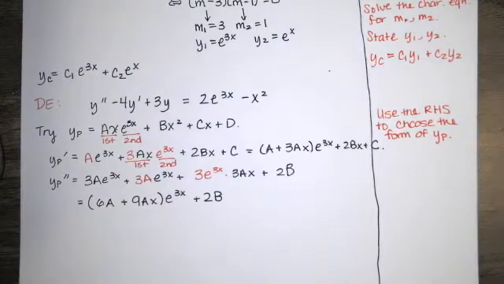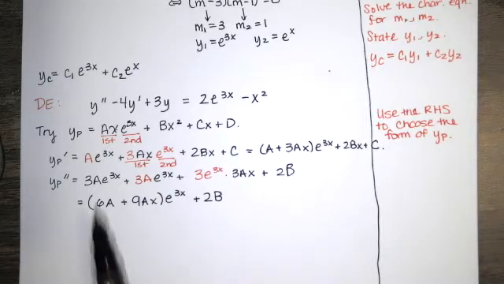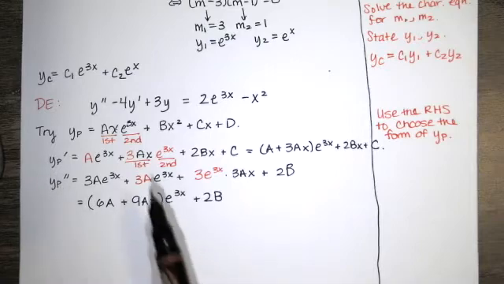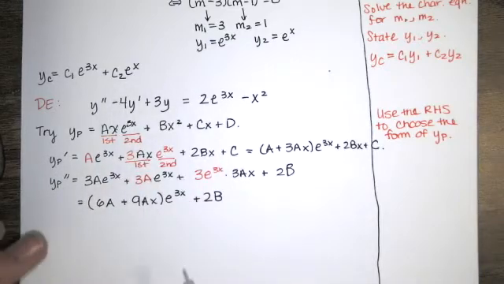So that's not a solution to the corresponding homogeneous equation. So we choose that form of y sub p just by this, and then we modify it if necessary. Then we're saying, okay, y sub p is supposed to be a solution to this non-homogeneous problem. So let's take the first and second derivative, and then we're going to substitute into this equation.